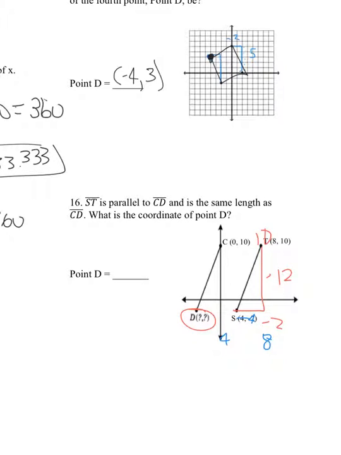So from C to D, you've got to go down 12, back 4. We are at 0, 10. So down 12 is going to take you to a negative 2, and back 4 is going to take you to a negative 4. So point D should be at negative 4, negative 2, and that's it.